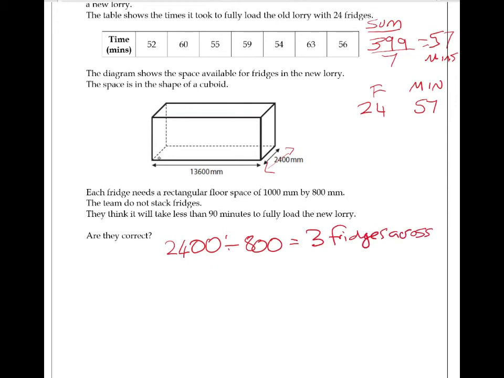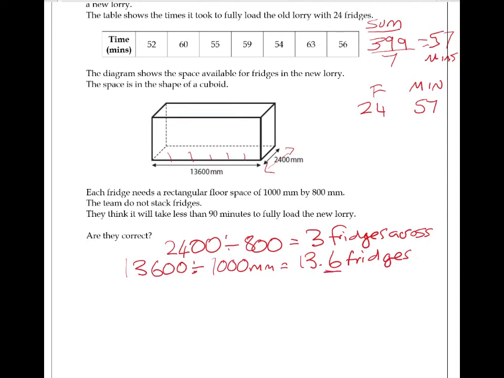So now we need to know how many fridges we can fit along the lorry this way. So that's 13,600 divided by the second dimension, which is 1000 millimeters. And that's 13.6 fridges.